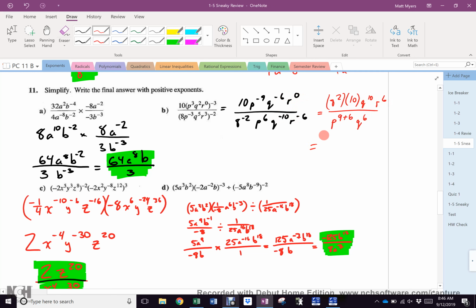Now I would just do my math. 64 times 10 is 640 over 9 plus 6, P to the 15th, 10 minus 6, those 6 cancel, leaving me with Q to the 4th up there, and R to the 6th.